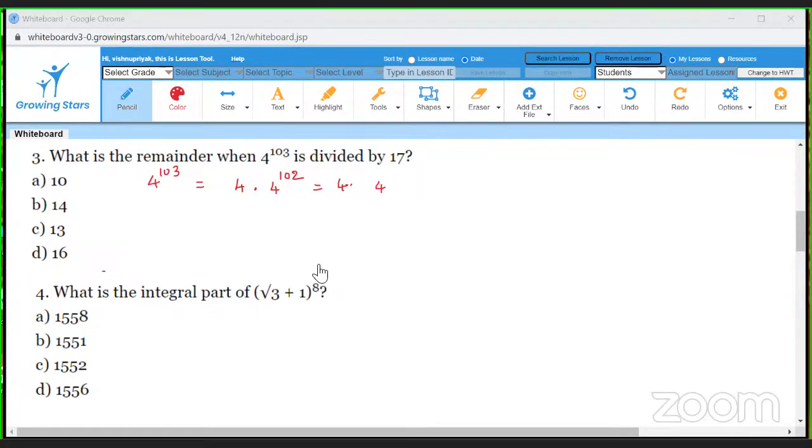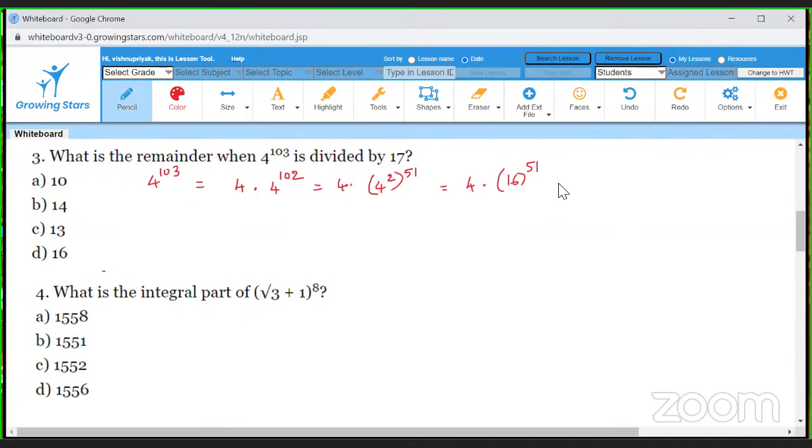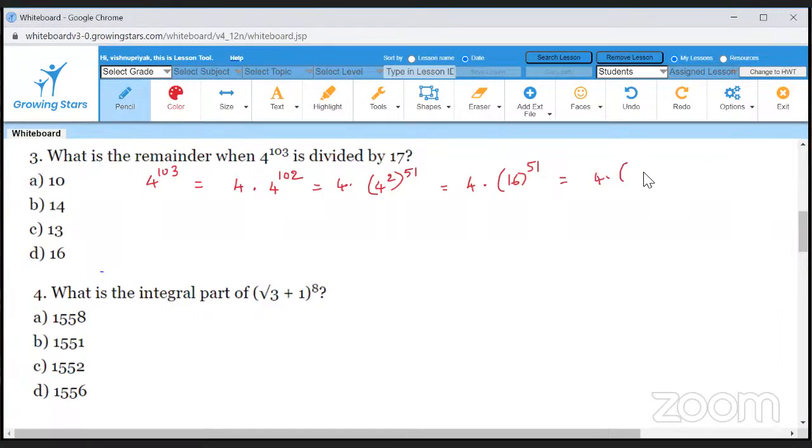I can write it as 4 power 2 into 51, I mean 4 power 2 whole power 51, because 2 into 51 will be 102. Not only that, I can write 4 square as 16 power 51. And why did I get 16? Because 16 I can write 17 minus 1 power 51.